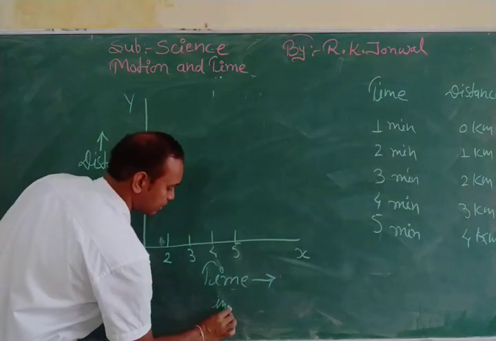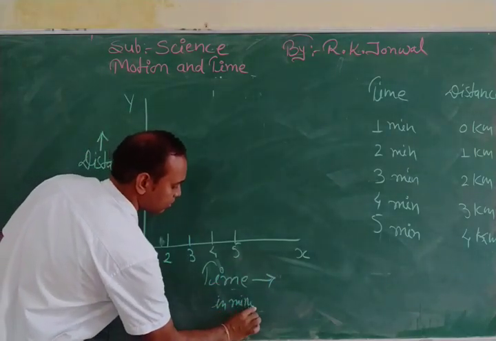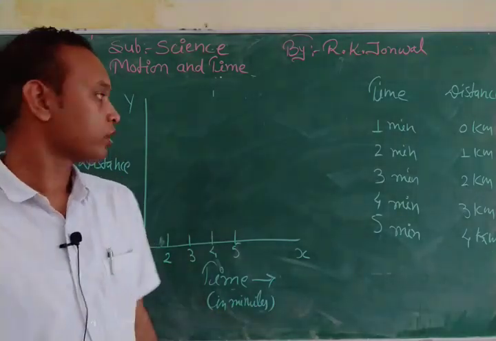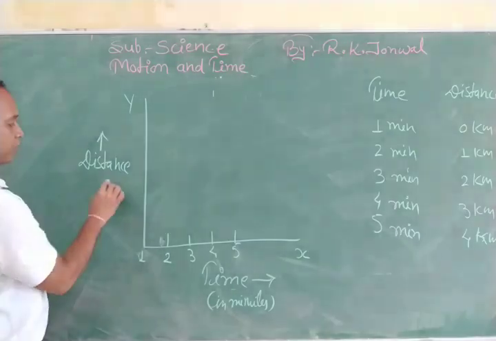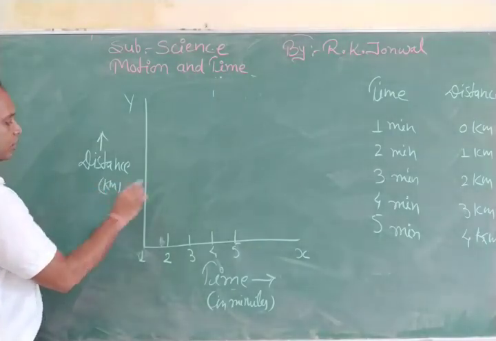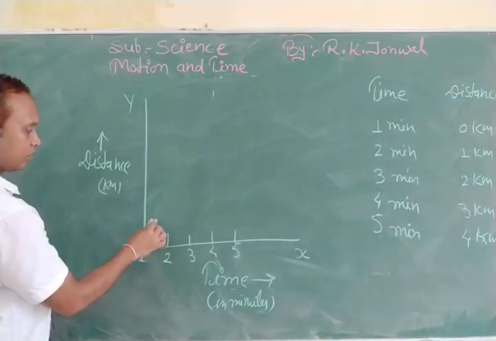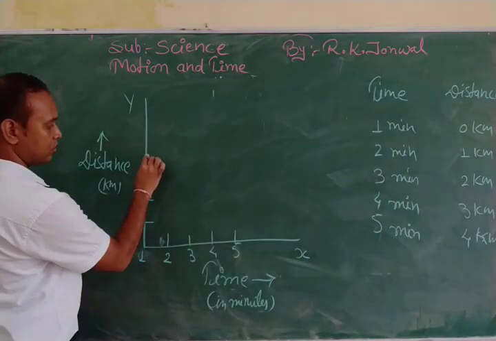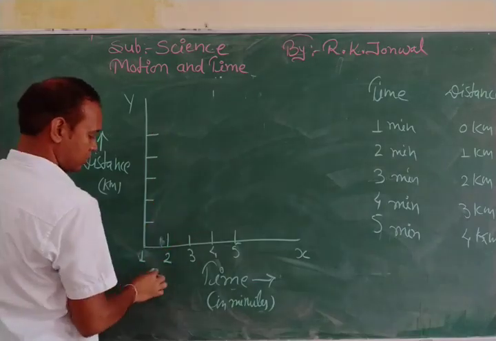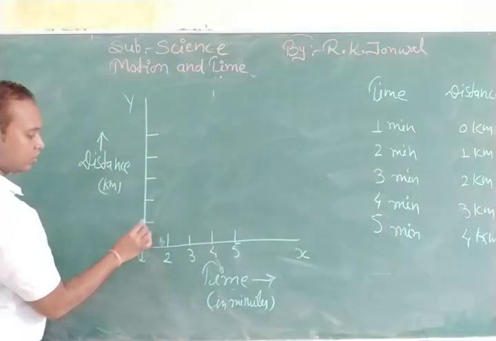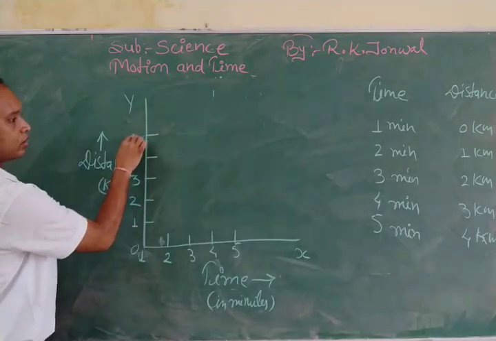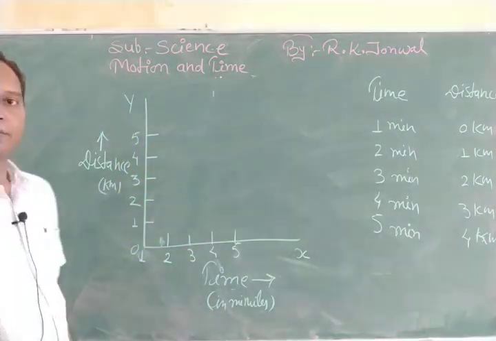You can write here time in minutes. With the distance in kilometer, you can write here, here is 0, then 1, 2, 3, 4, 5, and so on.